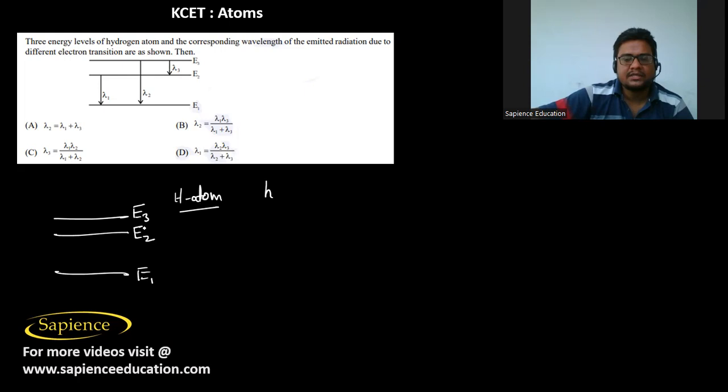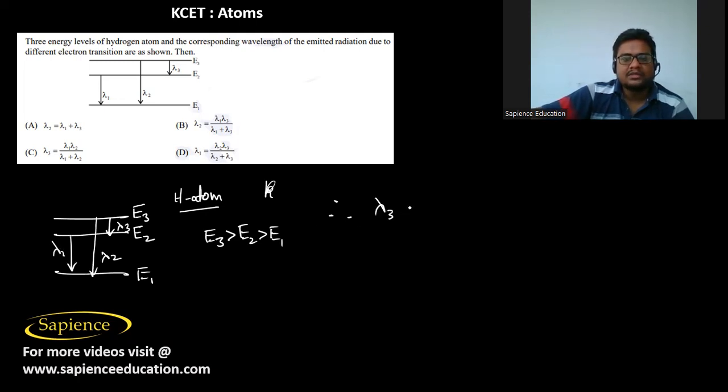So here E3 is obviously more than E2, which is more than E1. Therefore, here the wavelength of transition is lambda 3, here lambda 2, and here lambda 1.